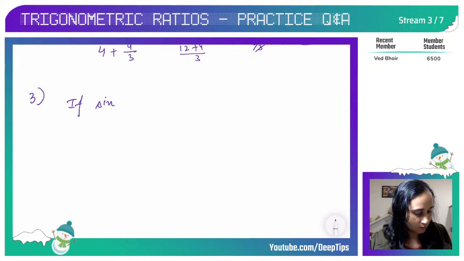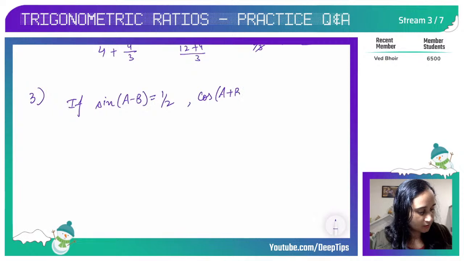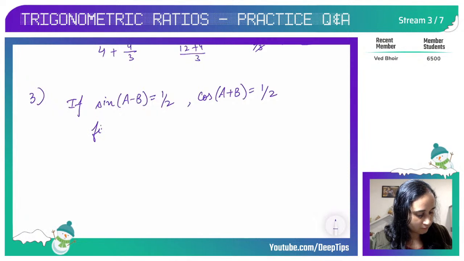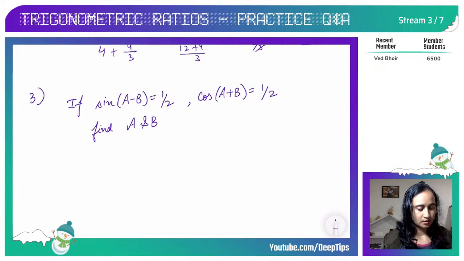If sine of A minus B is equal to 1 by 2, and cos of A plus B is also equal to 1 by 2, find A and B. So children, here you can clearly see that sine theta is 1 by 2 and cos theta is also 1 by 2. So just try to recall the trigonometric ratio table that we did yesterday to get the value for theta.